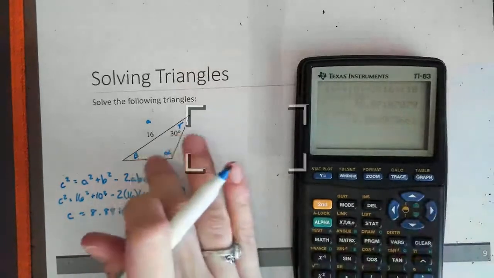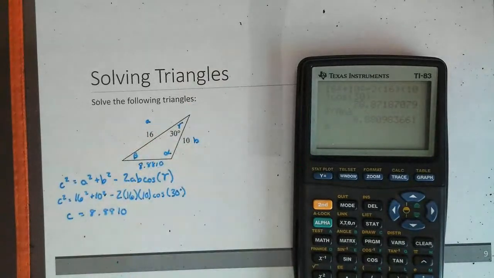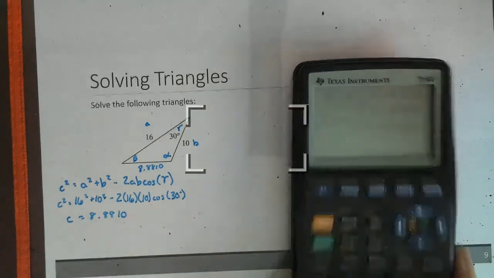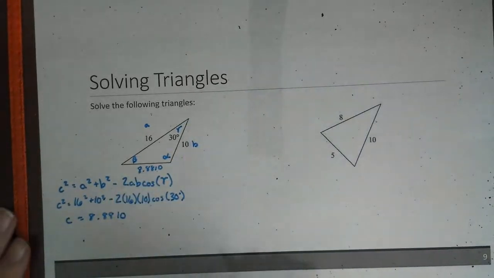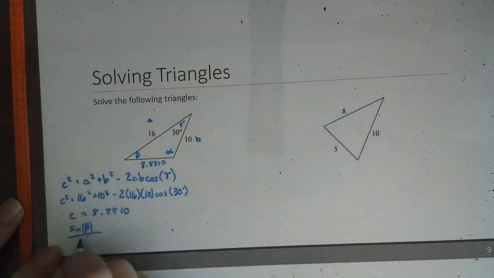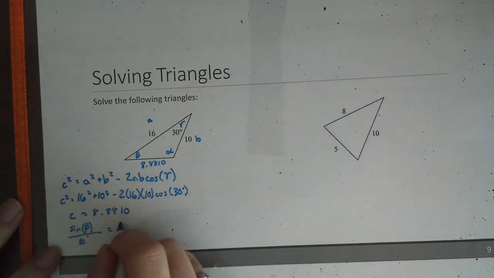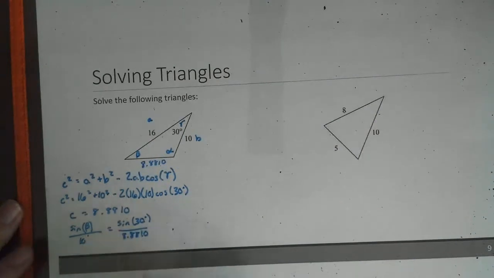If I know that this side is 8.8810, then I have a side and its corresponding angle. I can now use the law of sines. I'm going to find angle beta here using my law of sines. So the sine of angle beta over side B, which is 10, is equal to the sine of my 30 degrees, angle gamma, over side C, which is this 8.8810.